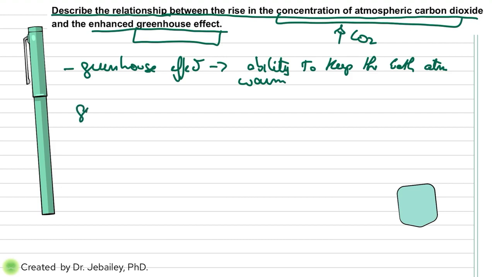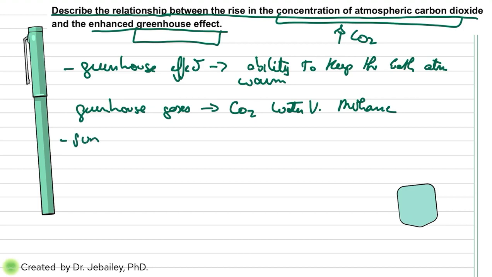Now, with that, then I will mention the greenhouse gases. What are the types of greenhouse gases? We have CO2, water vapor, methane, a couple of them. Then I will mention how the sun emits short waves to the earth.